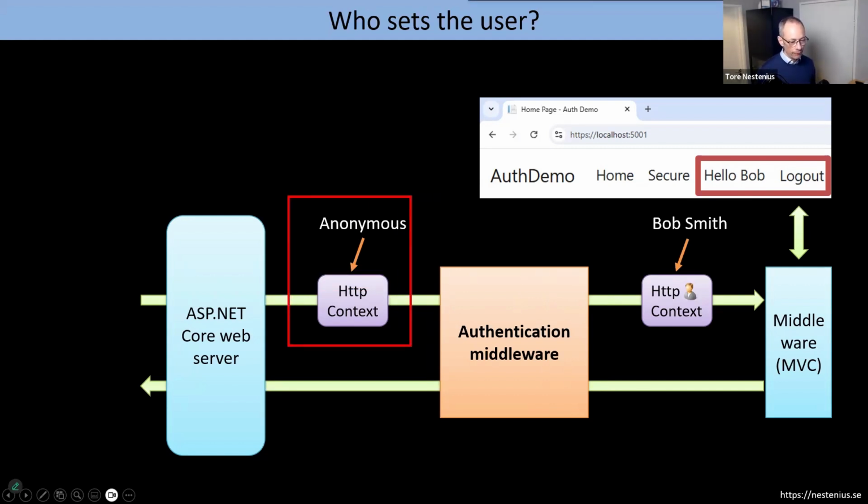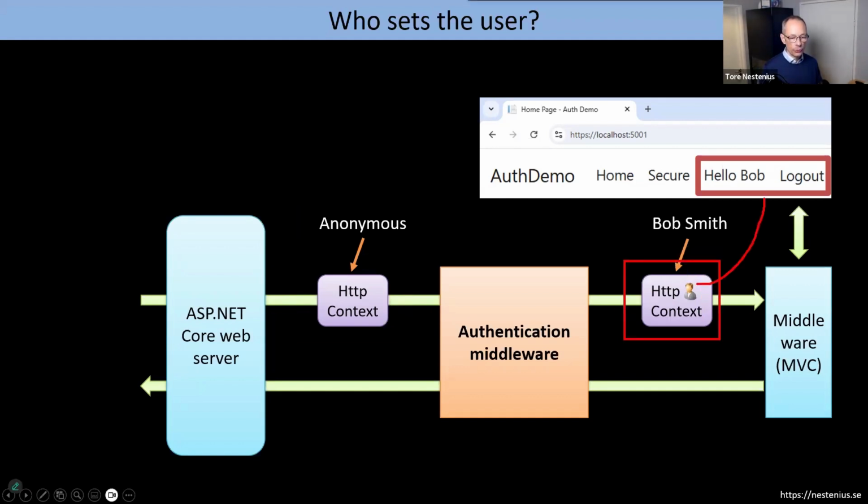It is the job of the authentication middleware to try to identify who the user is and populate the HTTP context object with this claims principal object. It will contain the claims about you as a user, and then the page can use this object to display various facts about the user.